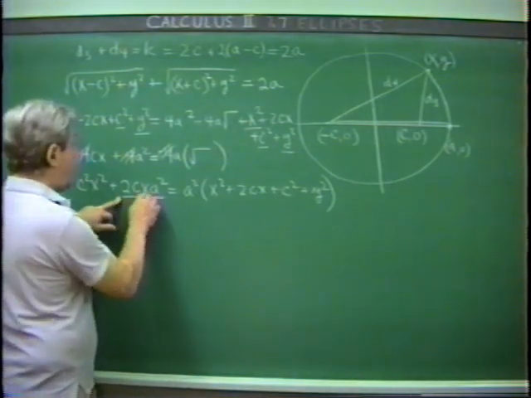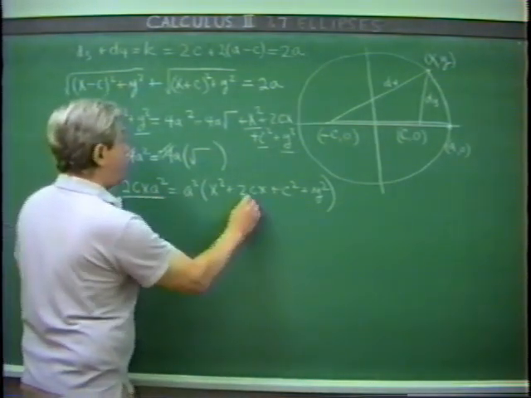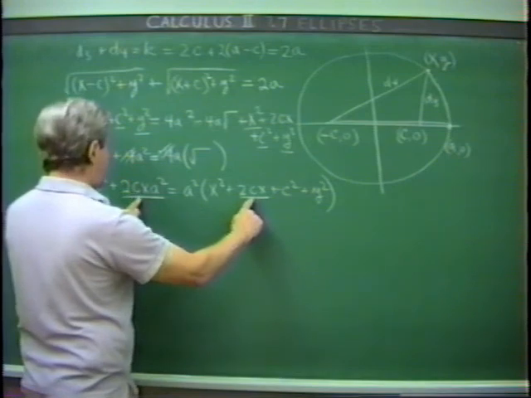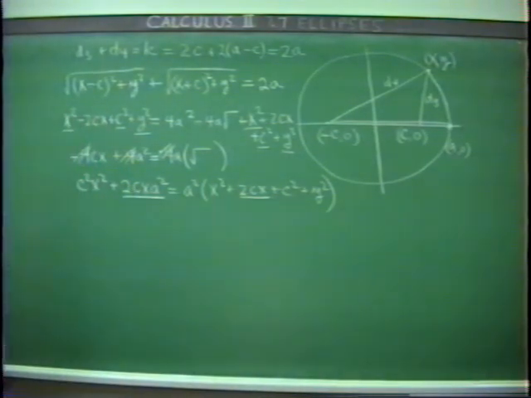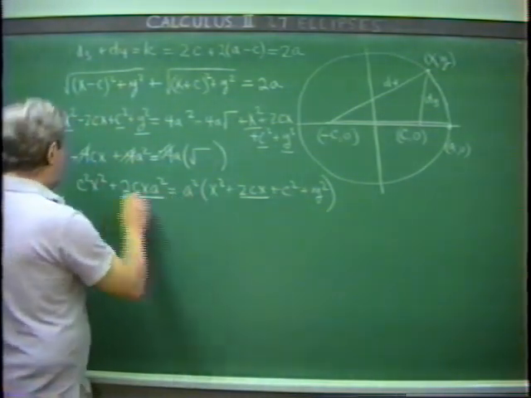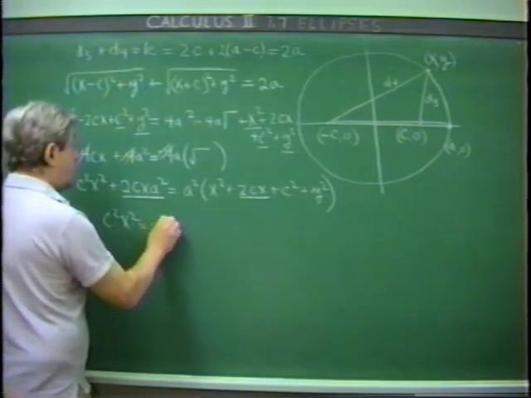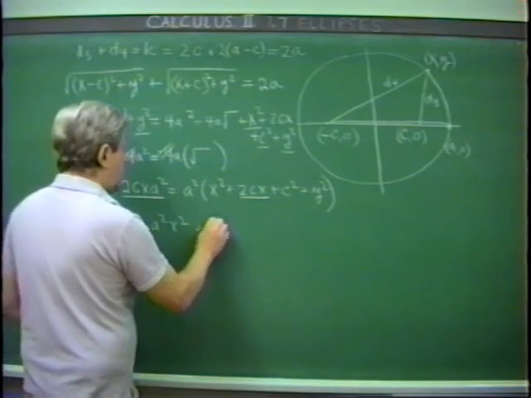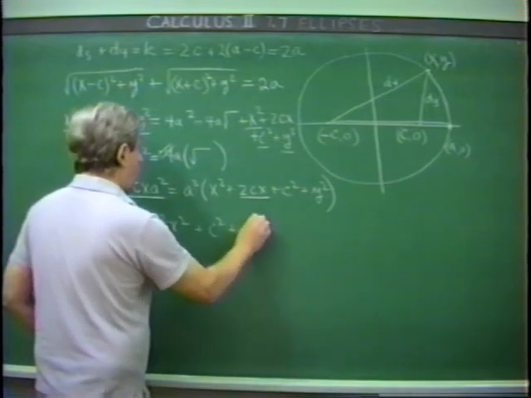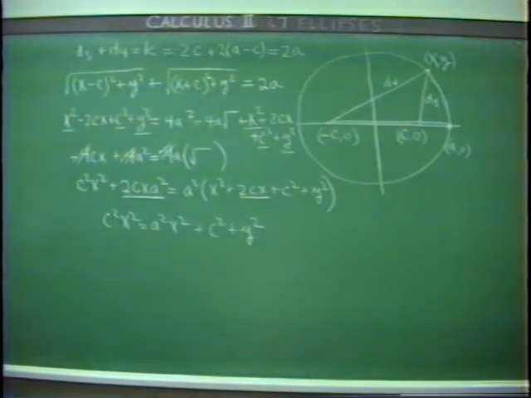Okay. Now what have I got here? Here I've got 2cxa squared, and when I multiply this out, I'm going to get 2cxa squared. So I can remove these two from both sides here, and I will get then c squared x squared is equal to a squared times x squared plus c squared plus y squared.